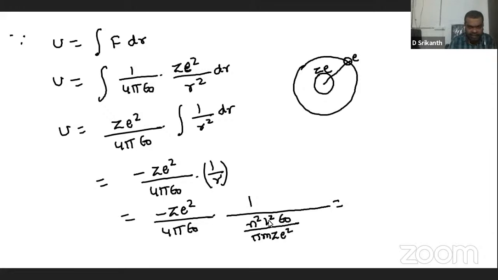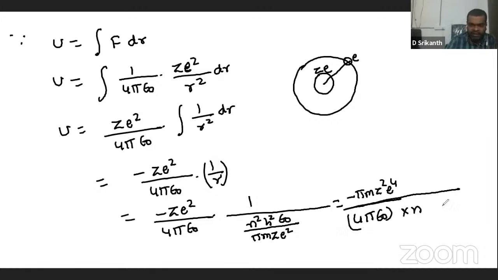So we'll get minus pi m Z square e power 4 by 4 pi epsilon naught into n square h square epsilon naught square. So pi will get cancelled.